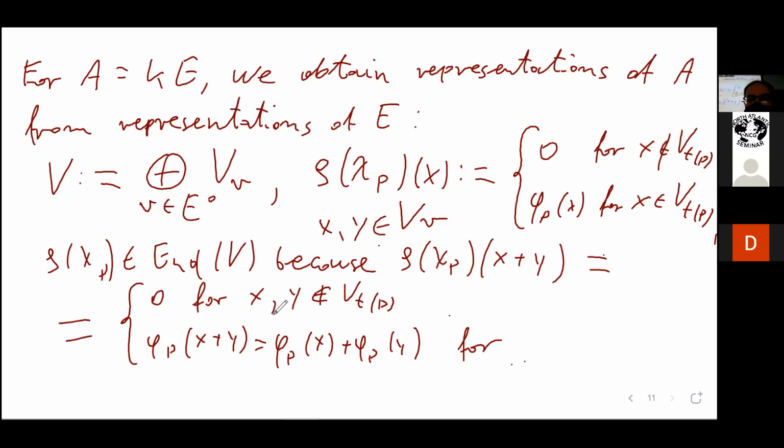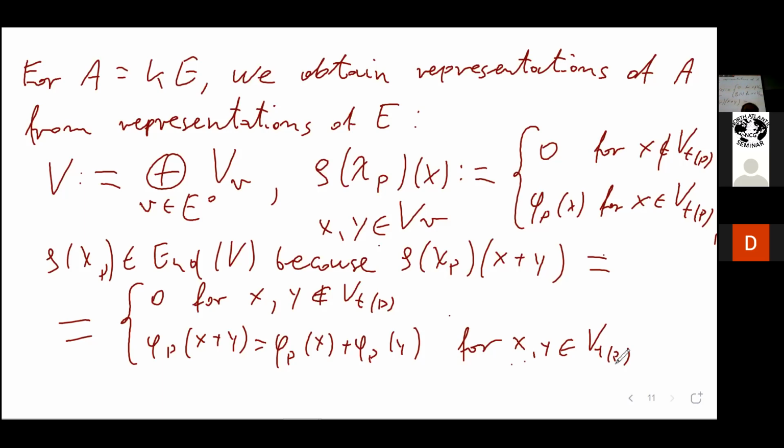So they are both not in TP, and the other case is when they are both in VTP, sorry. And of course, a mixed case is when X is in VTP, but Y is not, or the other way around. That's excluded because they're in the same direct summand by assumption.